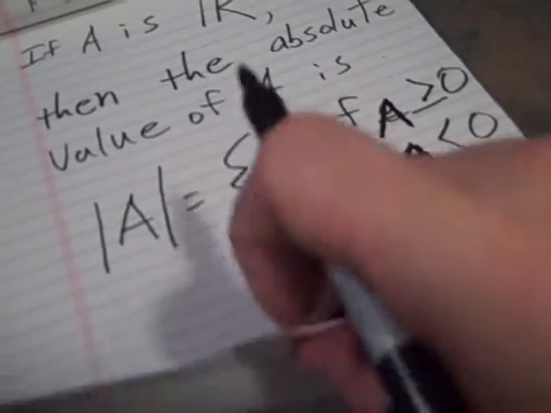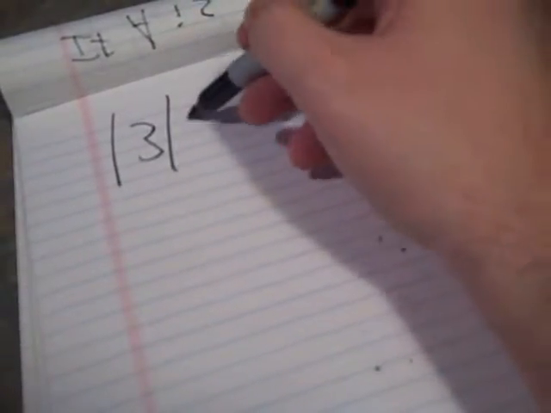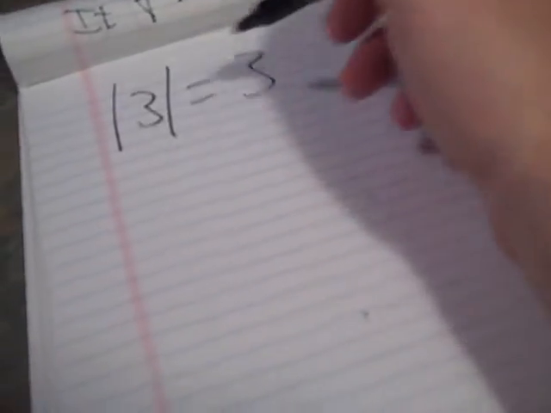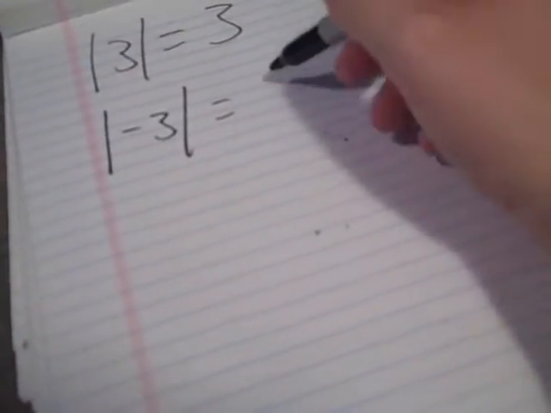So, here's an example of that in action. Let's see how I do it right here. We already saw -3. What if it's 3? Absolute value of 3 is what? 3. Absolute value of -3 is 3.